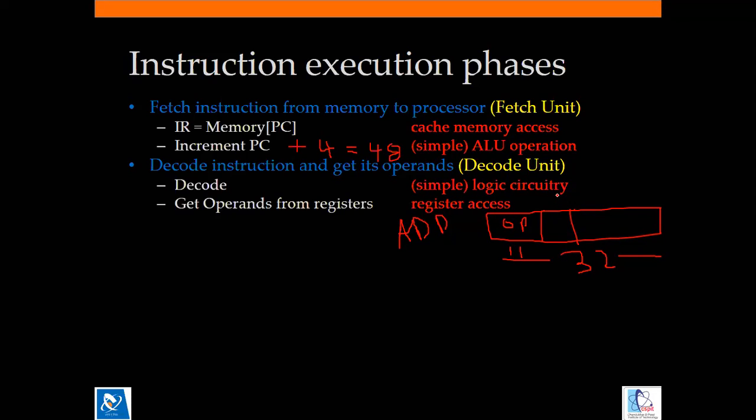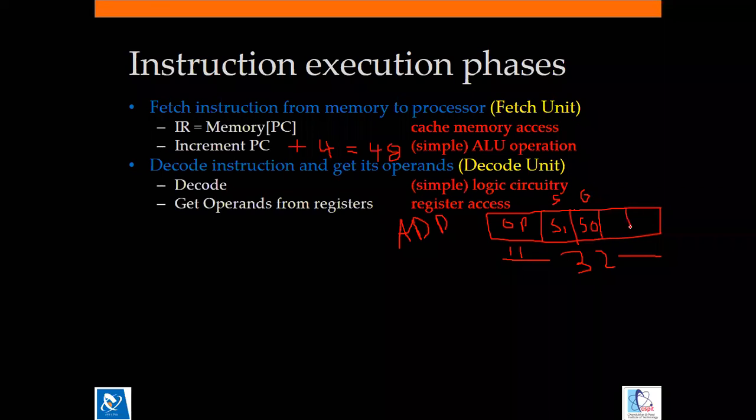I am writing the number of bits because I don't have space. Then the next 6 bits are for the shift amount value. This field is not used for the add operation, so for add, or any logical or arithmetic operation, this field always remains 0.